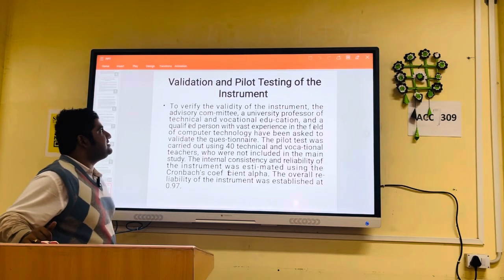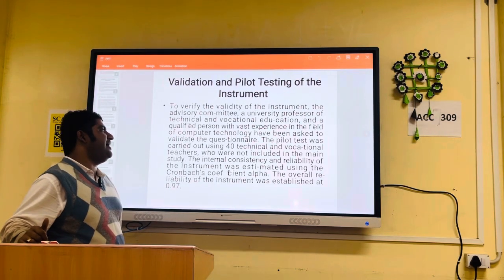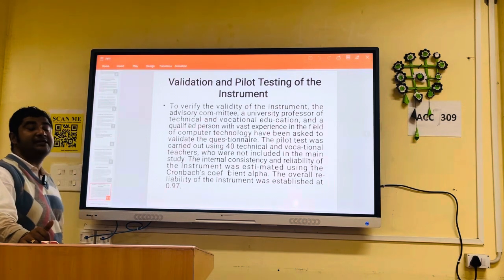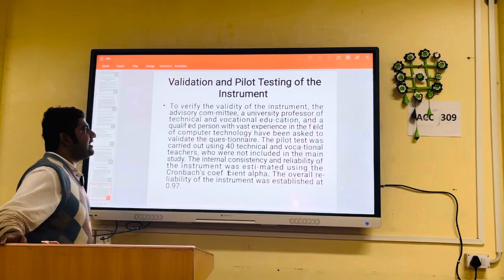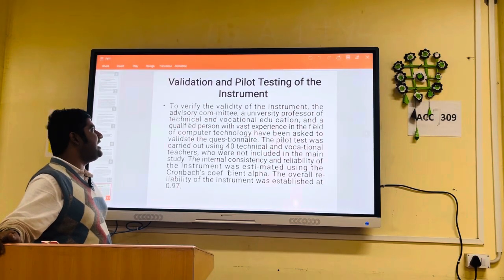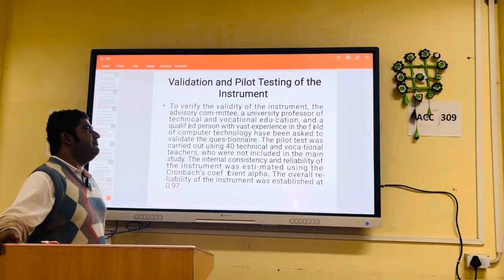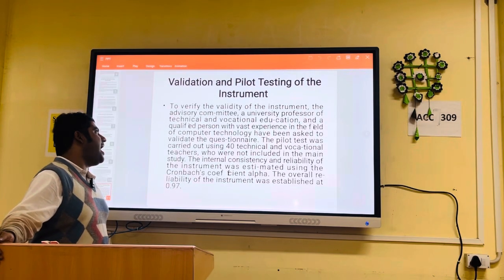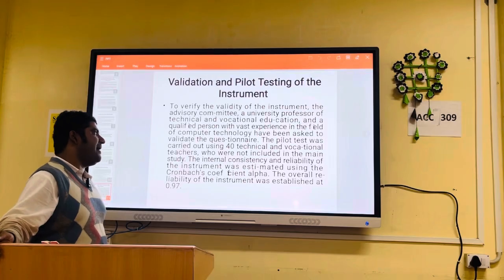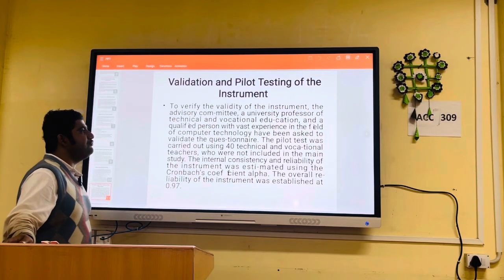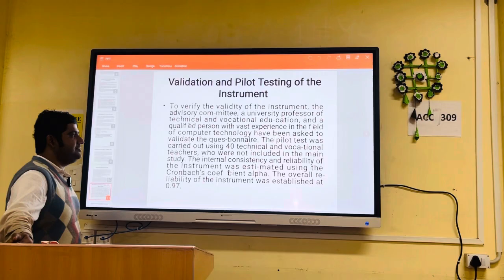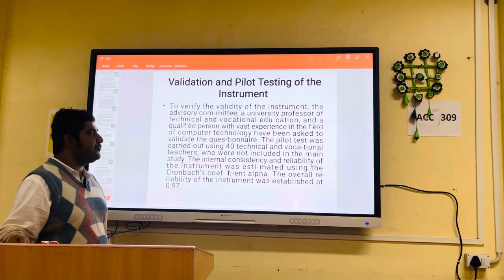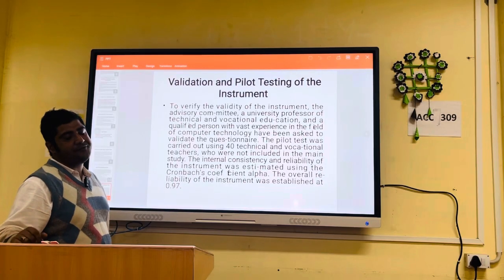Validation and pilot study of the instrument. To verify the validity of the instrument, the advisory committee, which included a university professor of technical and vocational education and a qualified person with vast experience in the field of computer technology, was asked to validate the questionnaire. The pilot test was conducted using 40 technical and vocational teachers who were not included in the main study, to make it a transparent work.